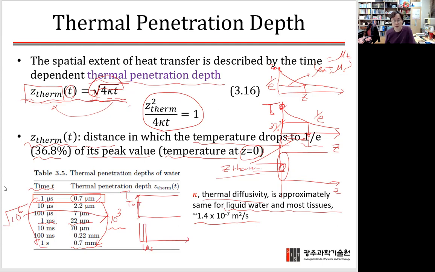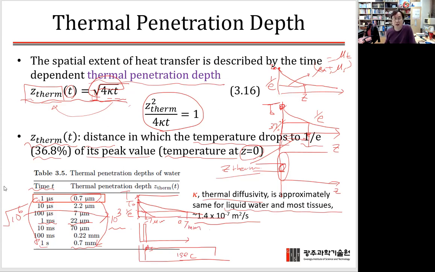This will go down very quickly, and the 1/e point follows 0.7 micrometer for the 1 microsecond. But if you are having a 1 second pulse like that, then this decay is very, very slow, and it will be something like that. So that 1/e point is basically here at 0.7 millimeter.